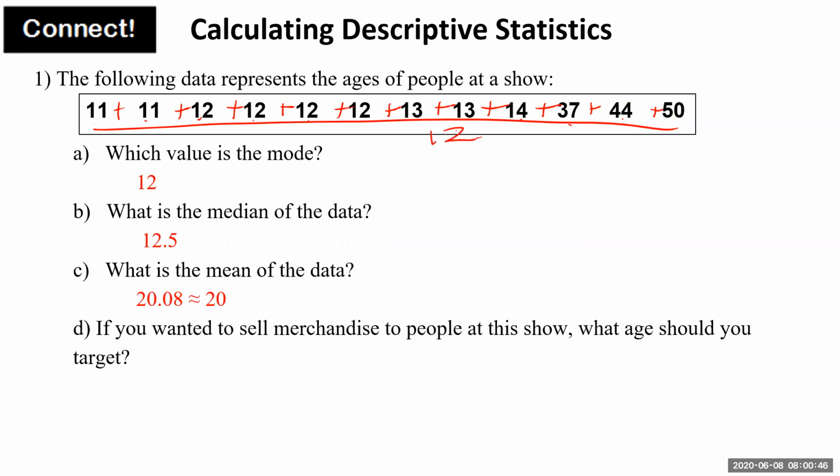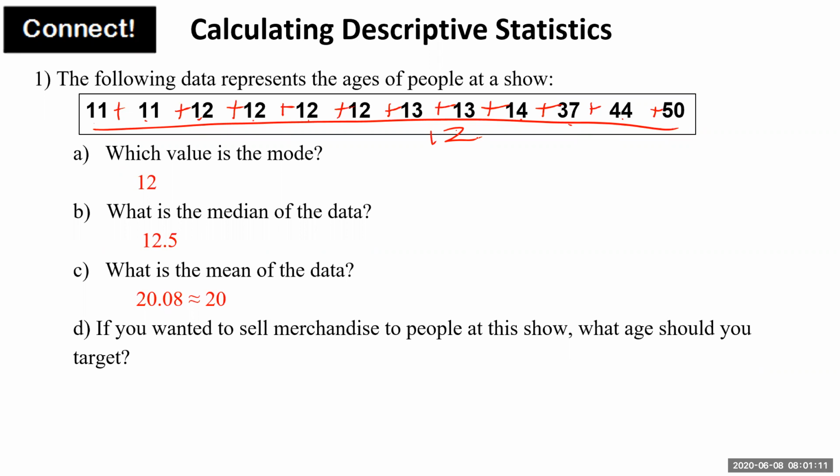Okay. If you wanted to sell merchandise to people at this show, what age should you consider or target? So this is business right here, guys. So you realize that the data you collect can be used to make decisions. And that is why statistics is referred to as decision science.